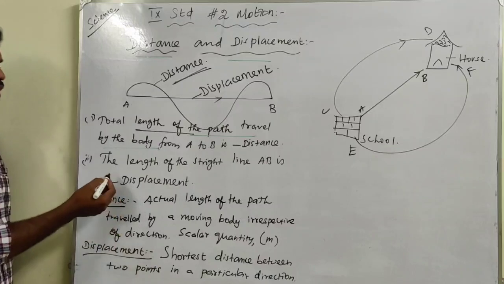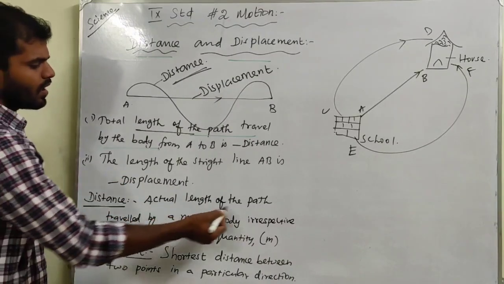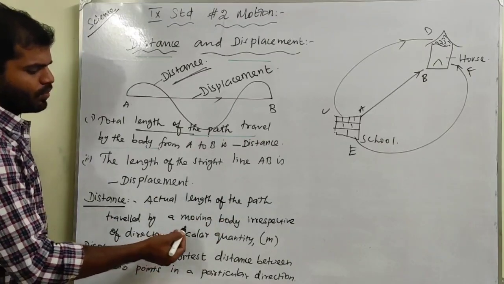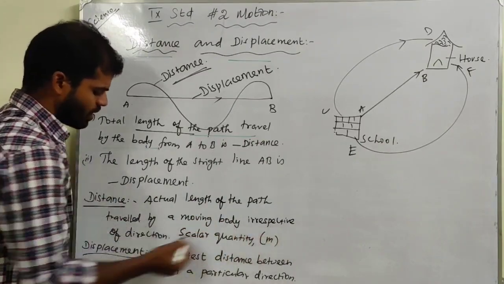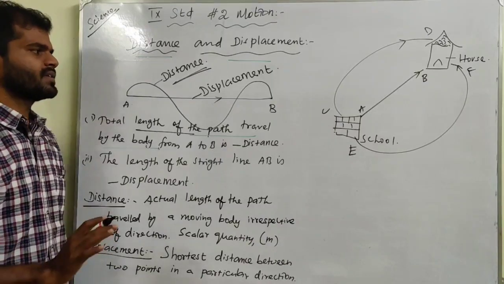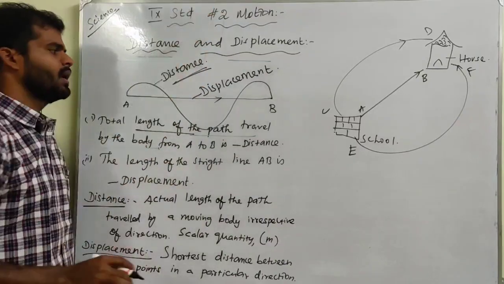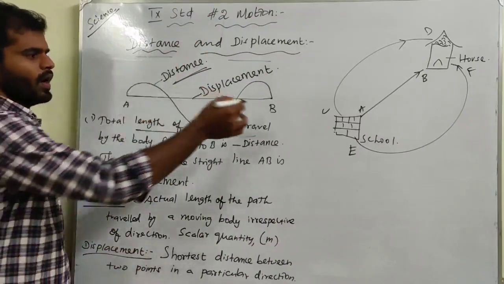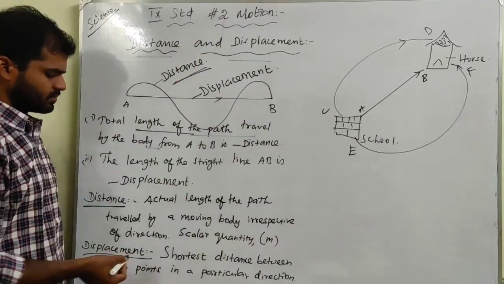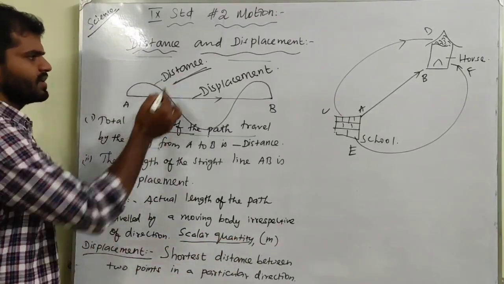For example, how we define distance is nothing but the actual length of the path traveled by a moving body irrespective of direction. So we will not worry about the direction. I will just go here and there and reach the final point, that is called distance. Actually this is called a scalar quantity. Why is distance called a scalar quantity?